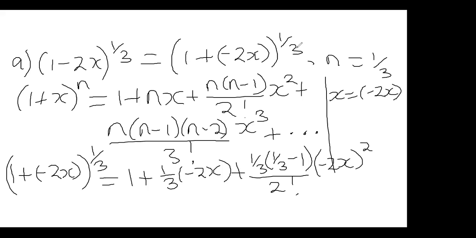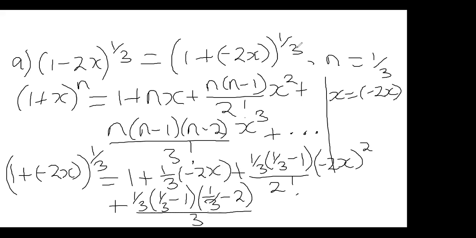So we continue, then plus, we want to see x to the power 3. So the fourth term will be 1/3 times (1/3 - 1) times (1/3 - 2) over 3 factorial, (-2x)^3.